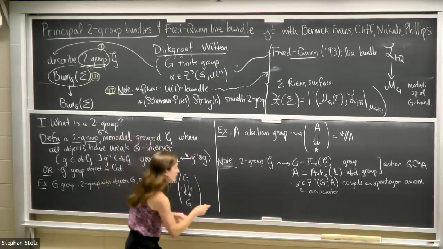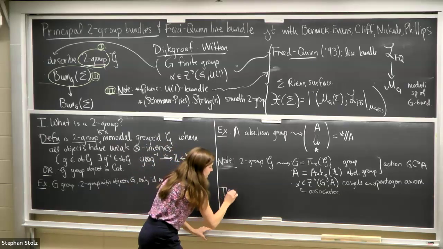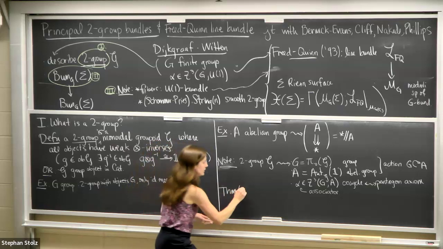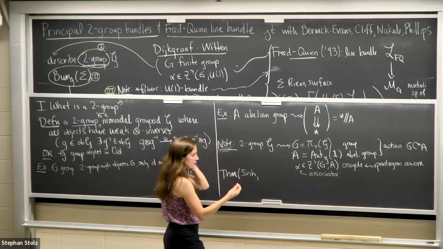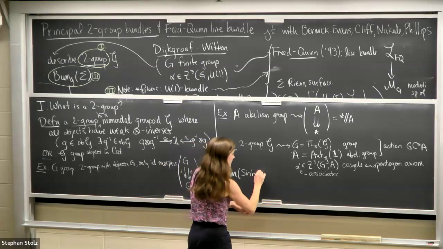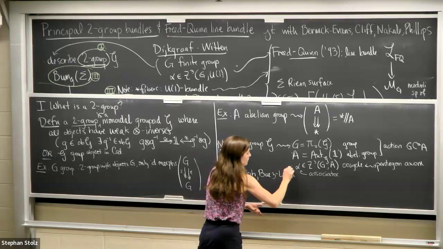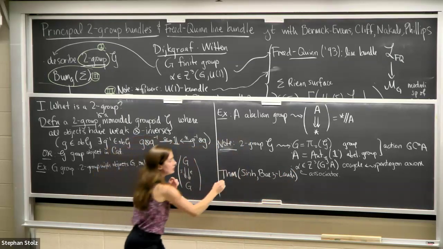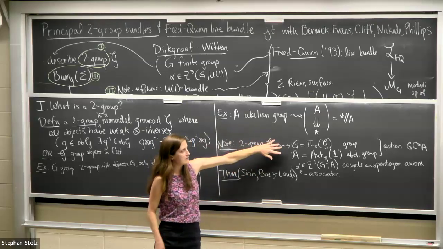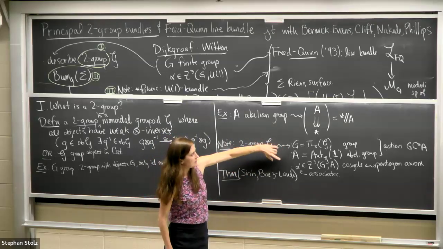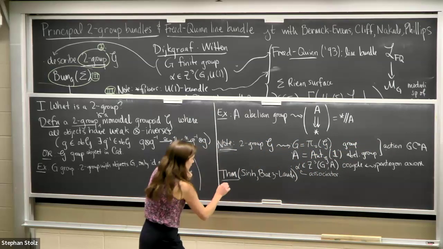But related to Matthias's comment, there's a theorem, first due to Sinh, who was a student of Grothendieck, in her unpublished thesis, so just to look for it. Every 2-group can be classified by this quadruple of data: G, A, alpha, and this action.